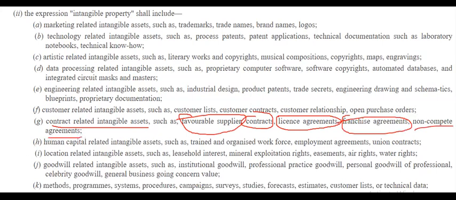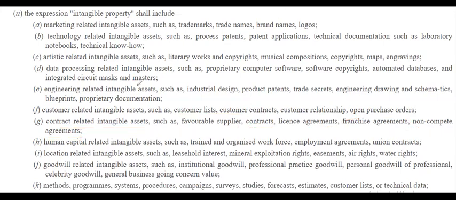Human capital related intangible asset: trained, organized workforce, employee agreement, union contract. Location related intangible asset: leasehold interest, mineral exploration rights, easement, air right, water right.